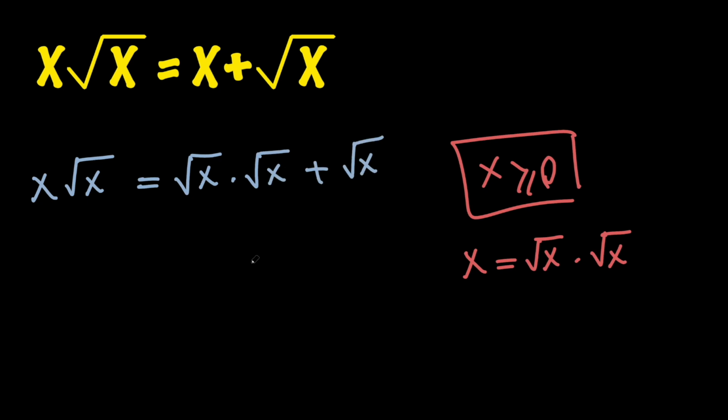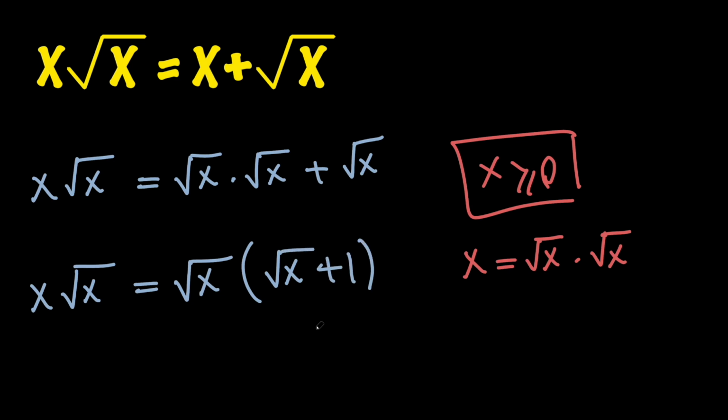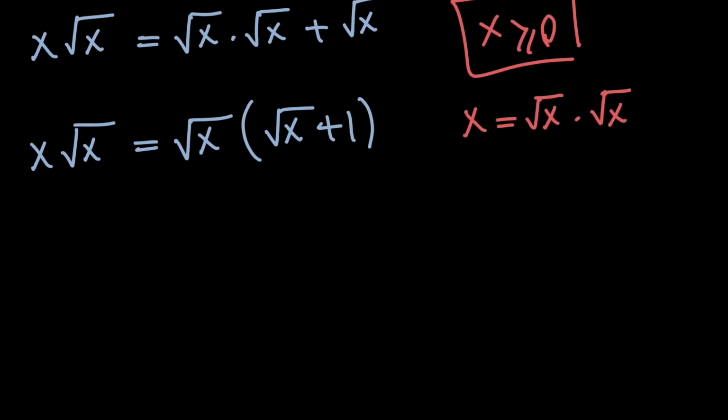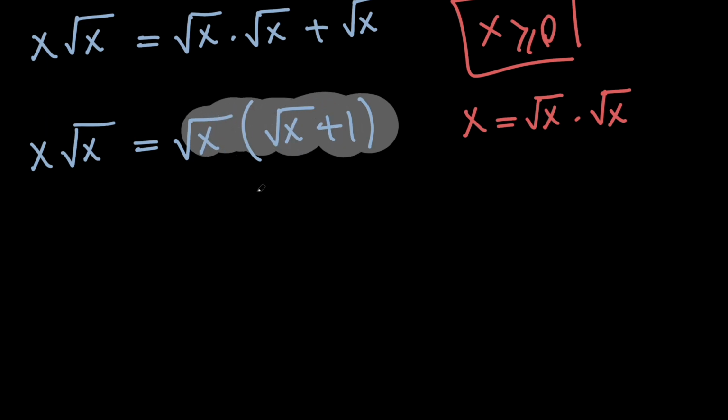Now, obviously, I can go ahead and factor out the square root of x on the right-hand side. So I'm going to have x times the square root of x equals the square root of x times the quantity root x plus 1. Next, let's move the expression on the right-hand side to the left-hand side to have everything on the same side.